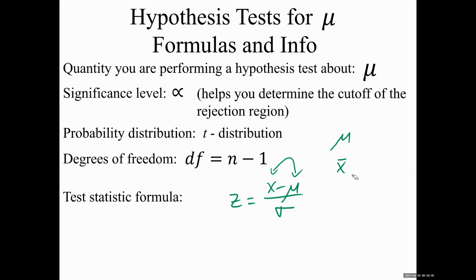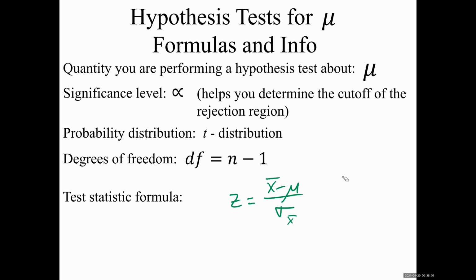So the top shouldn't say X and mu, it should say X bar and mu. So I'm going to change the X to X bar. Basically, where the X is, the random variable we're using today is going to go there. So that's X bar. And again, this formula will help me figure out how far apart those two things are. Now, if you put X bar down there, this should be sigma of X bar down here.